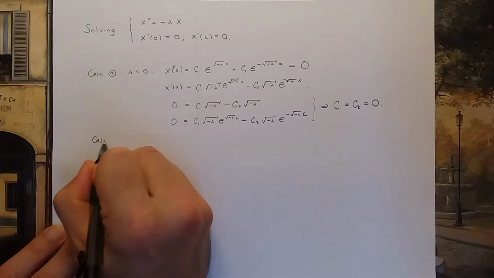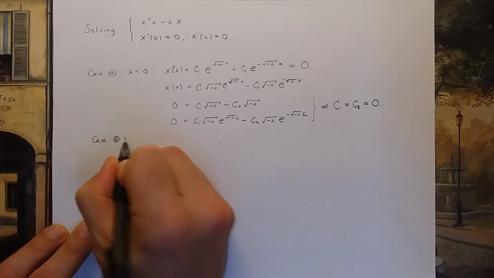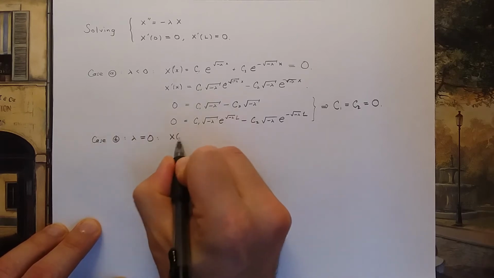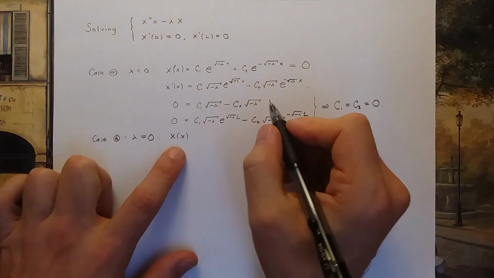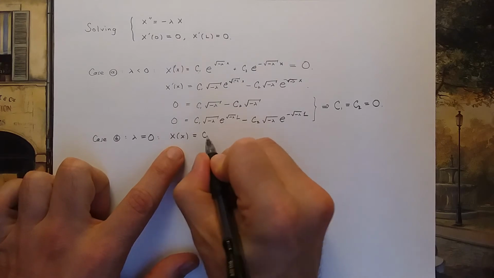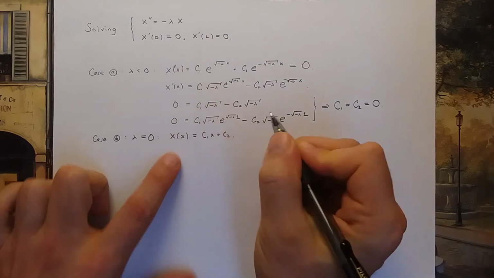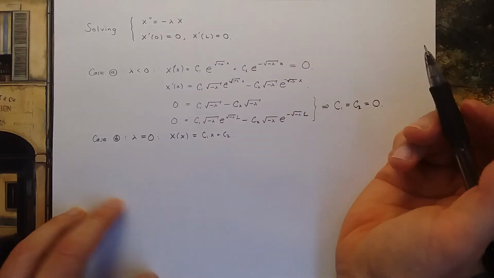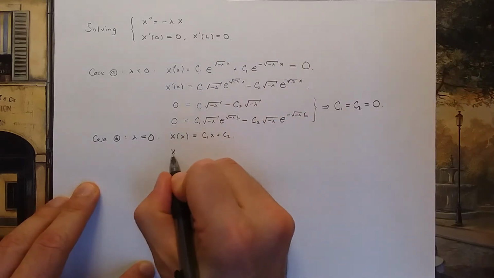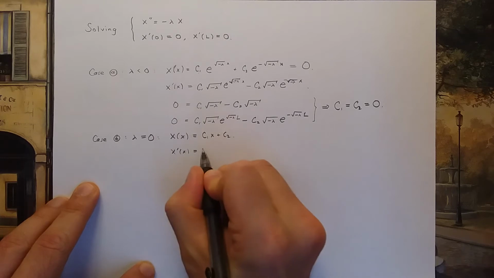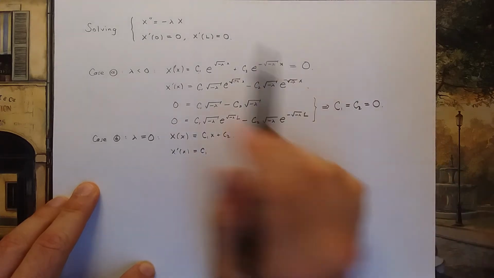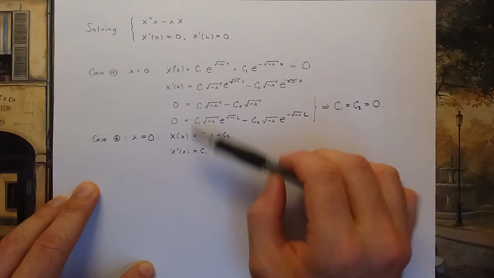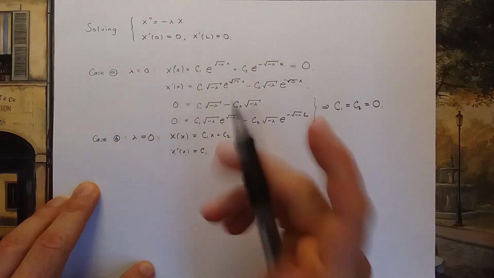So let's move on to case B. That'll be the situation when lambda is equal to 0. In that case, I have my function having the form c1 x plus c2, because my differential equation is just X double prime is equal to 0. So I'll take the derivative and get c1. So if I plug in 0 into this derivative, I should get out 0.